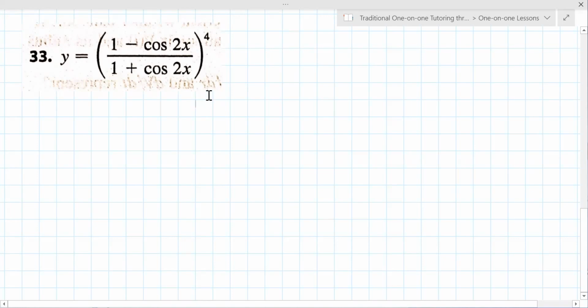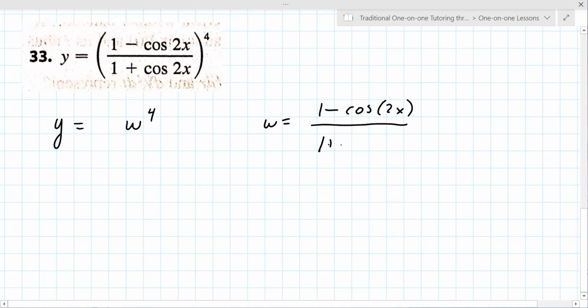Okay, actually, what is the outside function here? I think x to the 4th, maybe. Yeah, so you could rewrite it, and maybe we should do that. Let's write this as y equals, and I'm going to use a different letter. I'm going to use w to the 4th, and w is 1 minus cosine 2x over 1 plus cosine 2x. What is the derivative of this? It's 4w cubed w prime. Is that part okay?